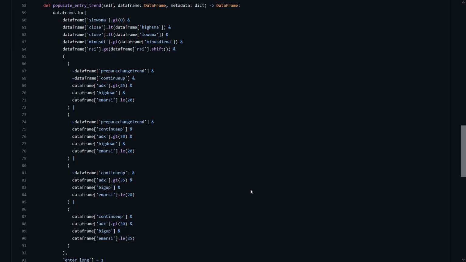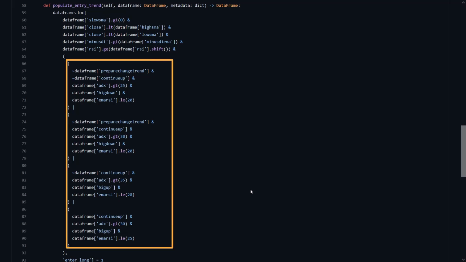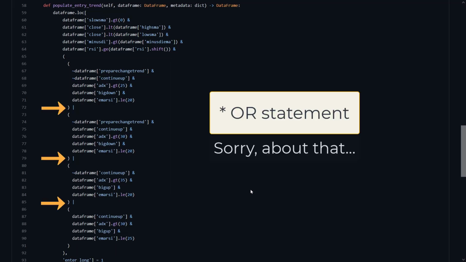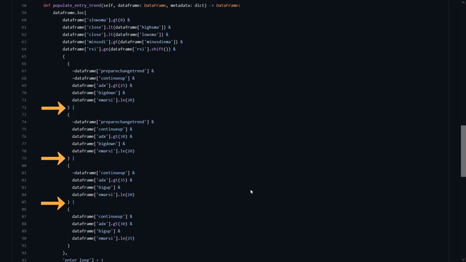It roughly states that if the slow SMA is greater than 0 and if the close price is lower than the high SMA and low SMA, and also if the ADX minus DI is greater than its EMA, and also if the RSI is greater or equal than the previous RSI value, then if any of these blocks below are valid, because of the if statement, the bot will do its job and buy into a position.